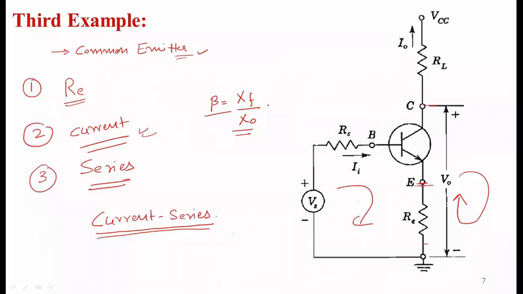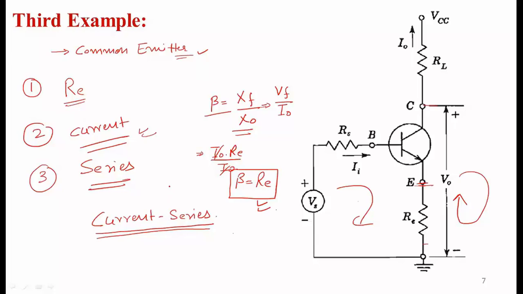So XF for this circuit is VF, and since this is a current series, the output signal is the current signal. So VF is equal to Io into RE, divided by Io. So we can calculate beta is equal to RE for this type of circuit.